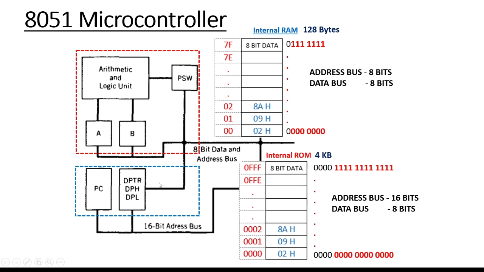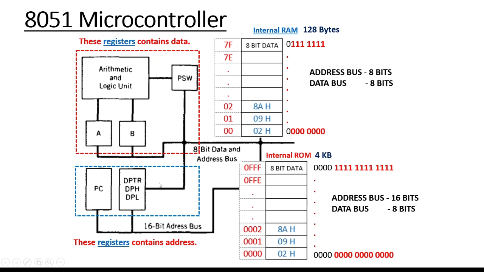If you look at the CPU, it consists of an 8-bit ALU, PSW, and registers A and B, which are the data registers. These registers contain the data, whereas the program counter and DPTR are the address registers. These registers are used to hold the address.